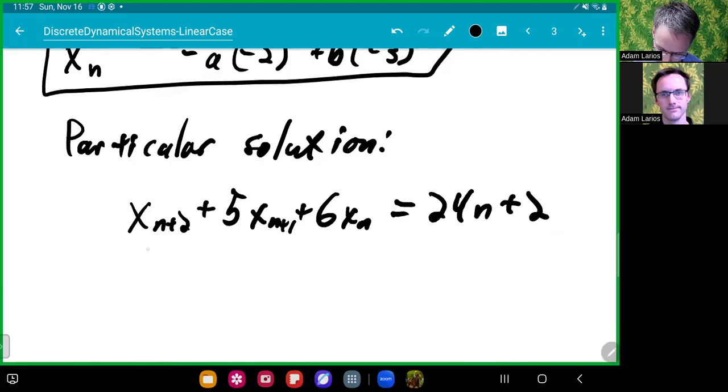And so if we had some function of n that we plug into these things on the left, they have to combine in this linear way to give us another polynomial, and in fact a linear polynomial. There are not very many functions that can do that.